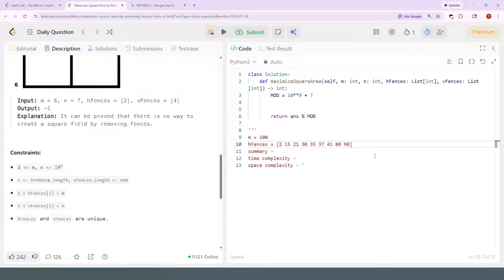So how would I get all the combinations? Work through all the combinations.